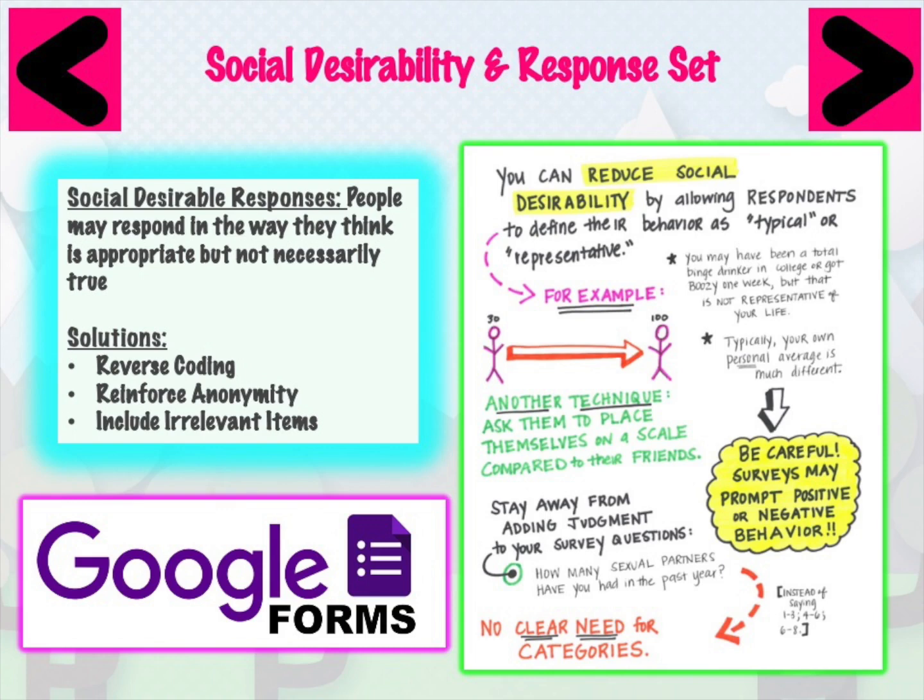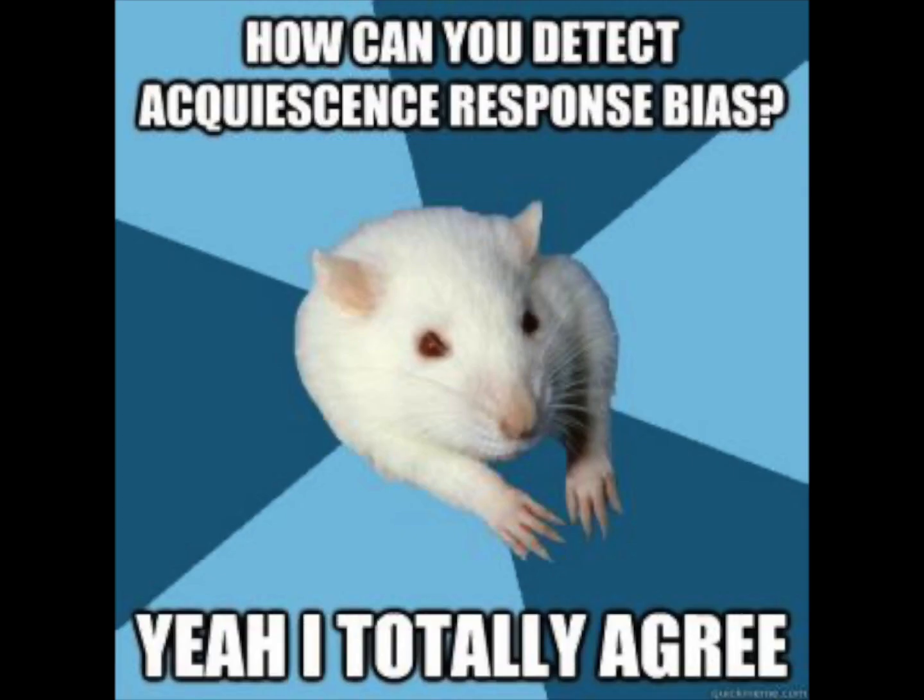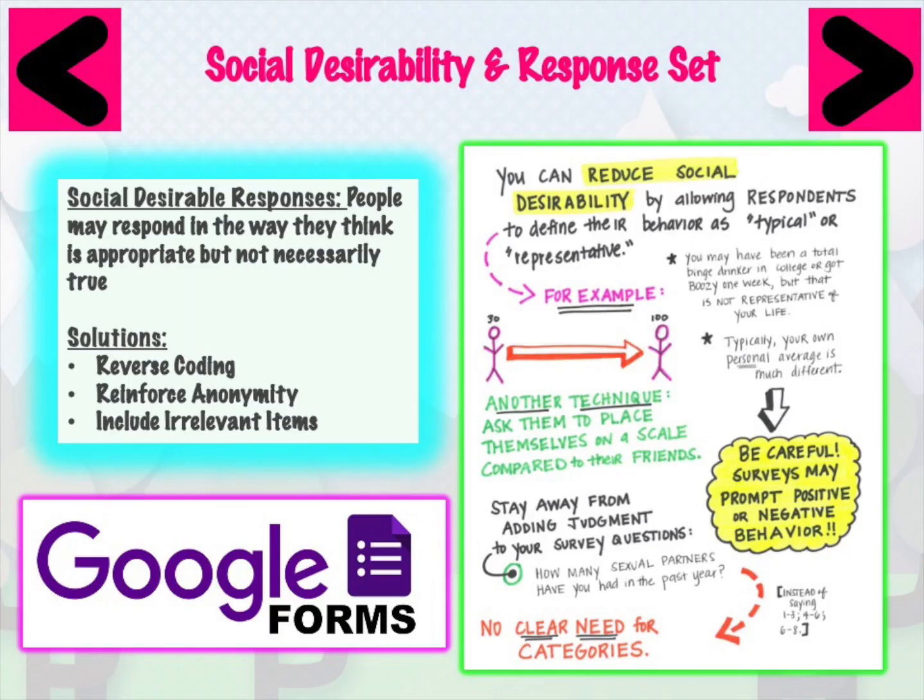Generally, we get a response set when a participant has become what we call acquiescent. In other words, they've gotten bored and they're just conceding, like, fine, I'll take your survey, and they're just clicking, clicking, clicking. They're not necessarily even reading the items, or maybe they do read the items, but they don't think about what they mean and incorporate them into their lives before they respond. And so the answers that we are getting are not truthful.